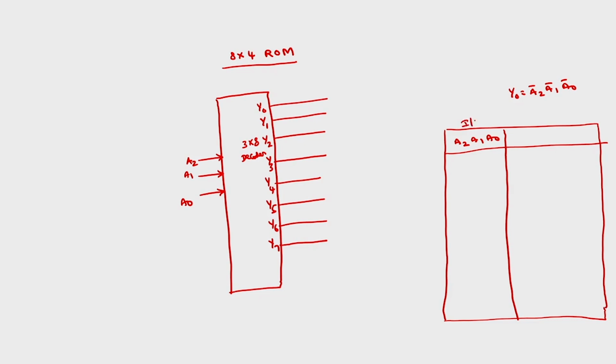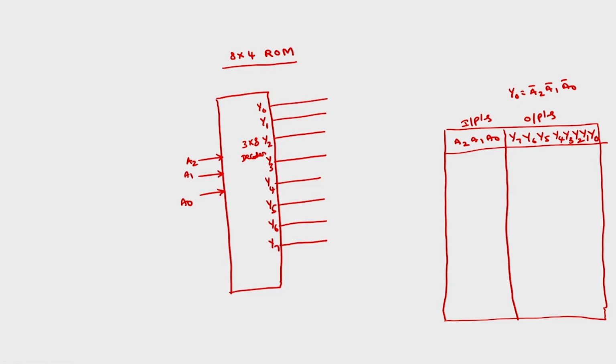This is inputs and outputs. Truth table represents the relation between the inputs and outputs: Y7, Y6, Y5, so on up to Y4, Y3, Y2, Y1, Y0.